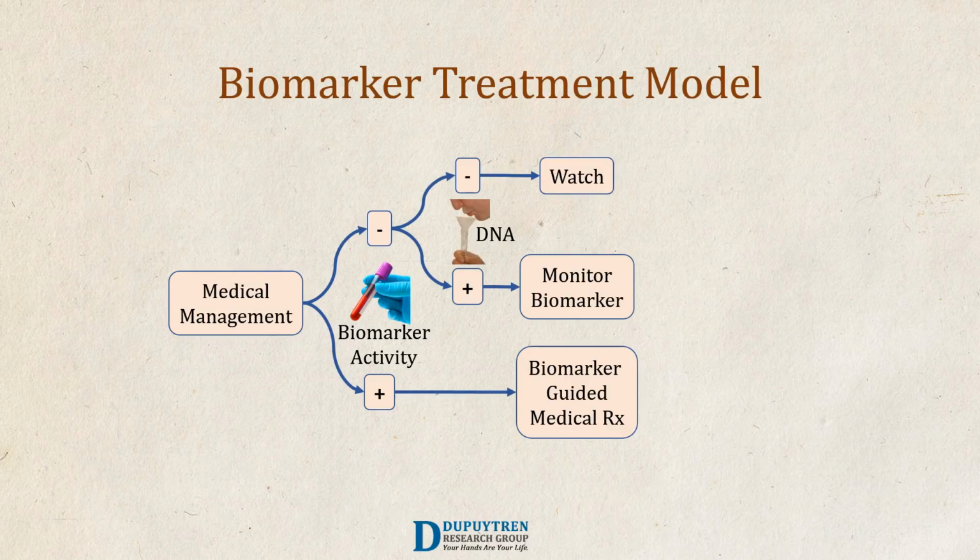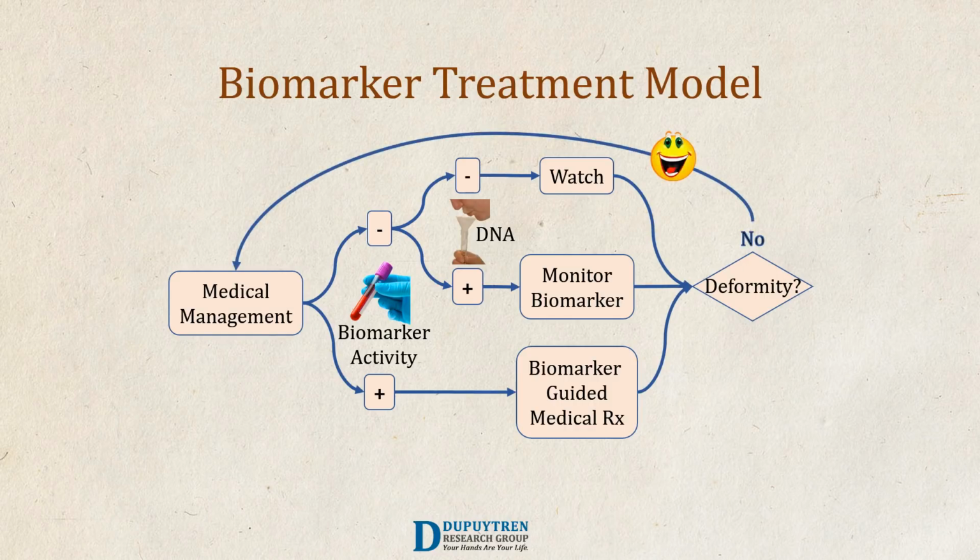If they don't, then they could still have a DNA panel to see their lifetime risk, and if they have a suggestion that they are at risk, they could have their biomarkers monitored longitudinally over time, and if they become abnormal, they could be treated. That all happens in the rheumatologist's office, and only after that does the question come up of, do they have a deformity? If they don't have a deformity, then that's great. They can continue on their medical management.